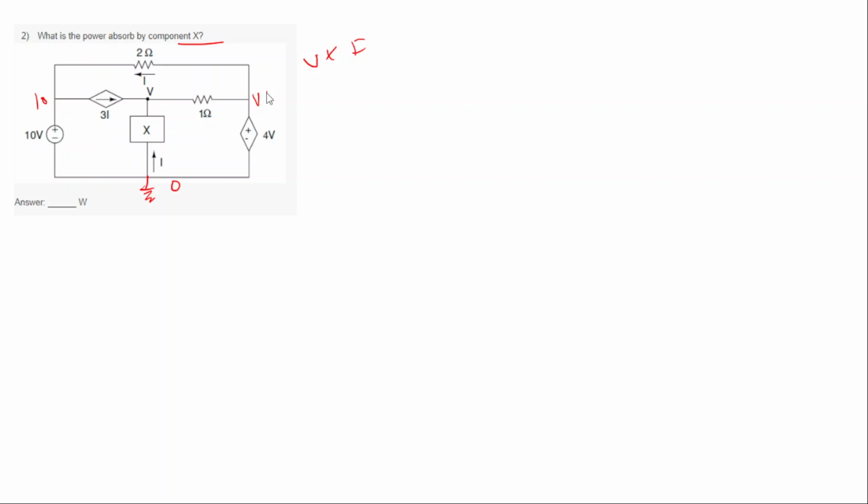So the voltage of this is 4 times V. This V is some variable. V and I are parameters. Once we find the values of V and I, we can calculate the power.